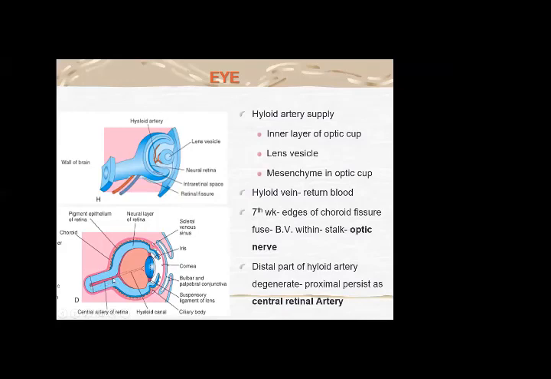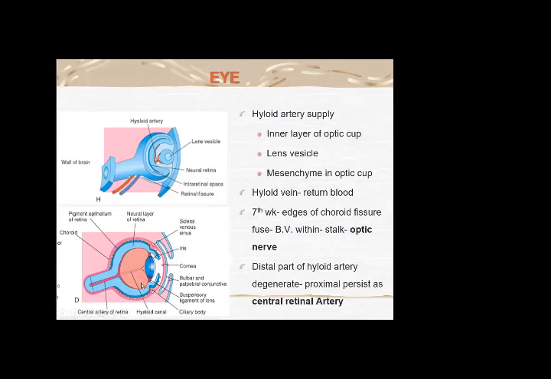The proximal part of the hyaloid artery, which is lying in the optic stalk, that part develops into the central artery of the retina. और ये जो इसका distal part है, which is lying inside the eye, this part then degenerates.